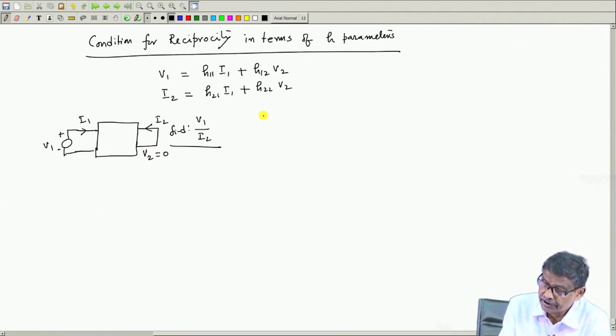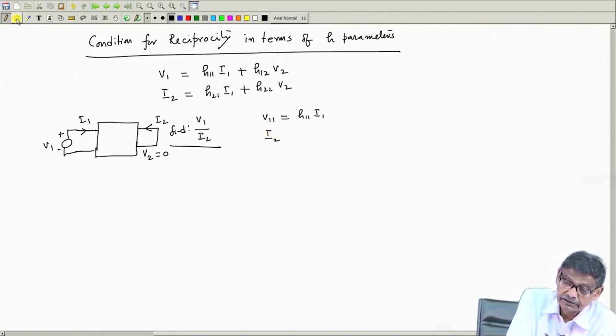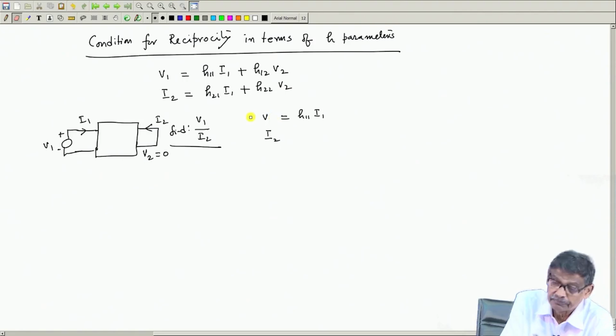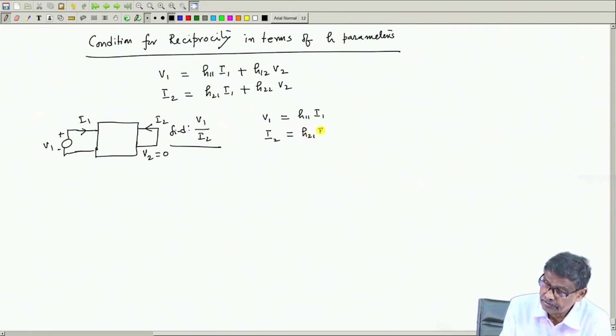If you put that, the first equation will give you V 1 equal to H 1 1 into I 1 plus 0 into H 1 2, so there it ends. I am sorry, V 1 is equal to H 1 1 I 1 with V 2 equal to 0, and the second equation will give you I 2 is equal to H 2 1 I 1 with V 2 equal to 0, that is it.